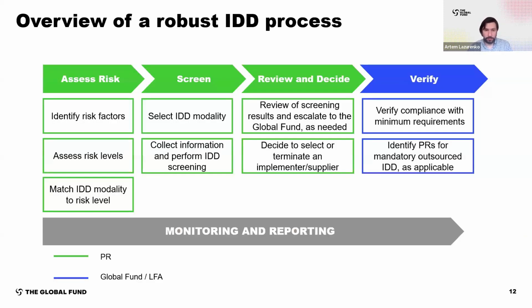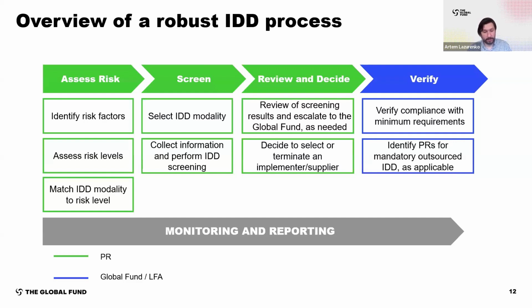So just to take us back and do a quick overview of what we have talked about and what a robust IDD process looks like. You start with assessing risk, identifying the risk factors that are particularly relevant to a PR's implementation context.